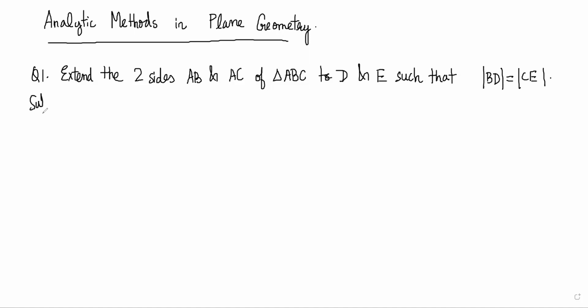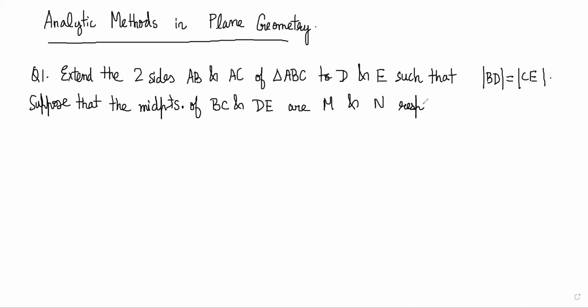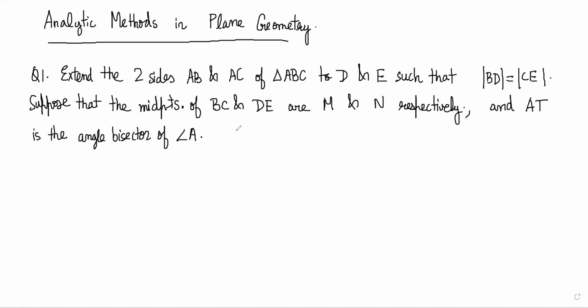Suppose that the midpoints of BC and DE are M and N respectively, and AT is the angle bisector of angle A. We have to prove that MN is parallel to AT.